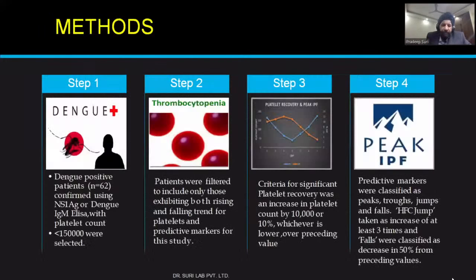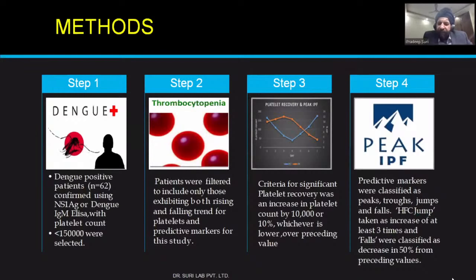What we did was, we had 62 confirmed dengue NS1 antigen or IgM ELISA patients who had platelet count less than 1,50,000. These patients were filtered according to only those exhibiting both rising and falling trends of platelet and other predictive markers. If a parameter did not have both rising and falling trends, those patients were excluded from the study.